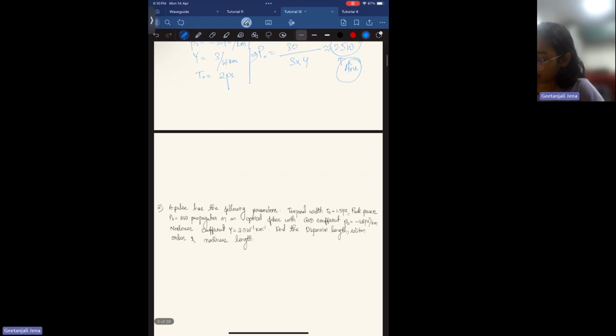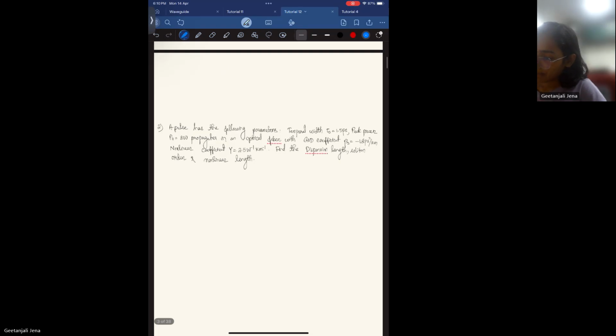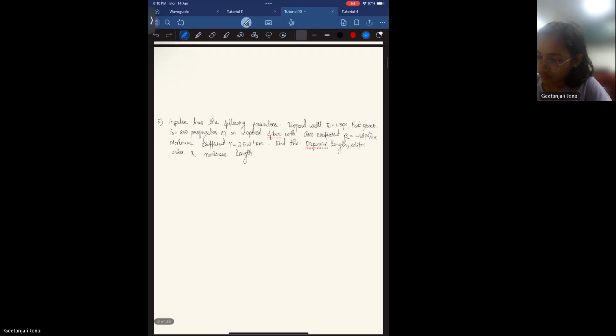Let us move to our next problem. The question says a pulse with a temporal width of 1.5 picosecond and peak power P0 of 8 watt propagates in an optical fiber with GVD coefficient beta 2 of minus 18 picosecond square per kilometer.